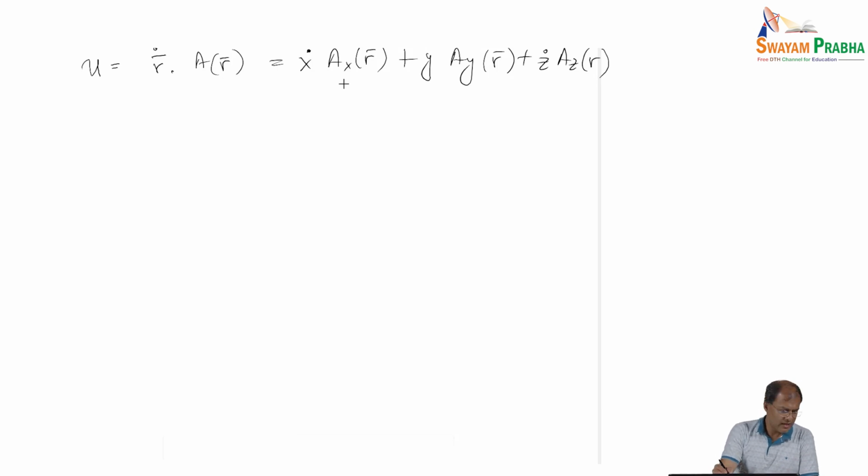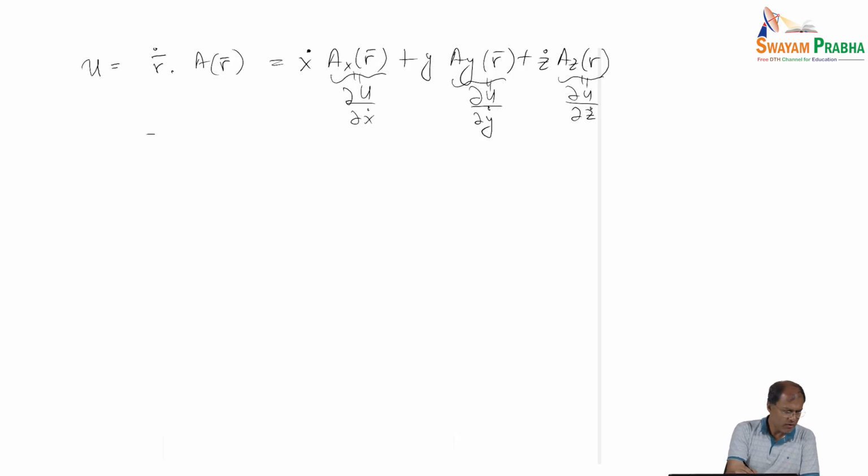And we see that, let us call this AX to be partial U partial X dot and AY to be partial U partial Y dot. We are defining this, right? And AZ to be partial U partial Z dot, right?